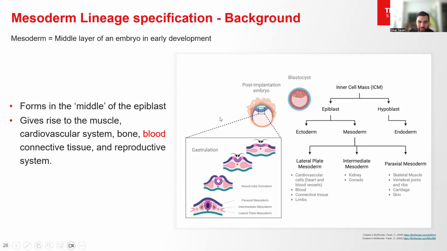But if you remember, the mesoderm can form, and April talked about skeletal muscle being formed from the paraxial mesoderm. I talked about cardiomyocytes and the cardiovascular system being part of the lateral plate mesoderm, the cell types derived from that. One of the other cell types is blood, which is derived from lateral plate mesoderm.